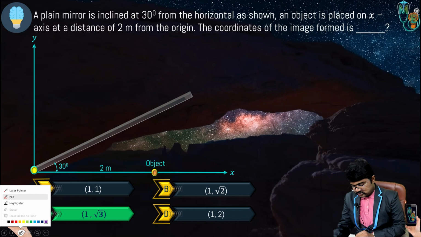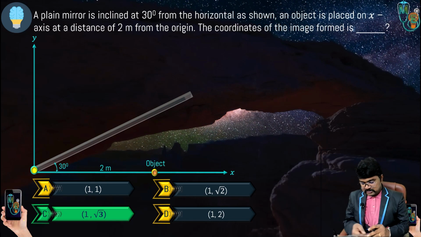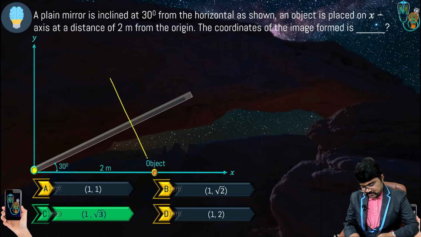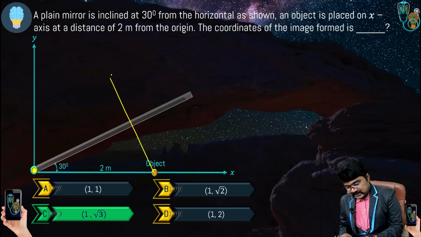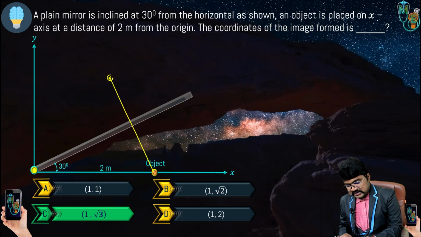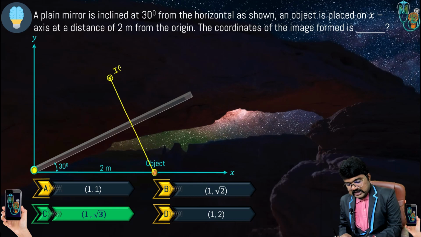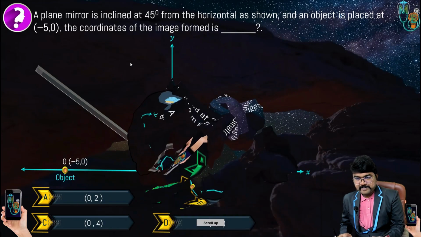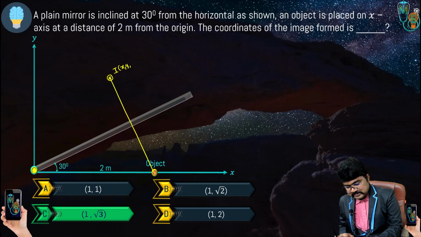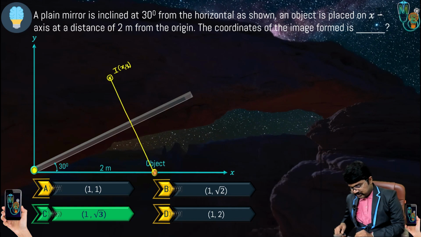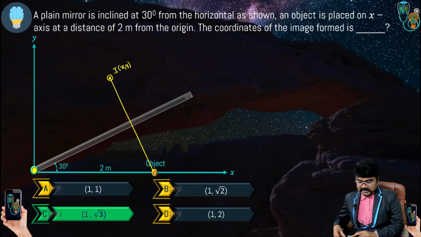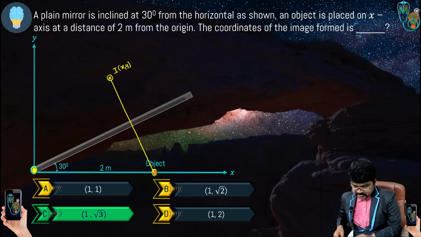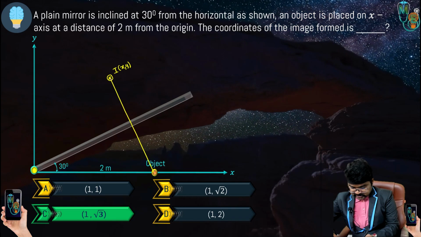See here, so you have drawn a perpendicular. This is the way to draw a perpendicular, and exactly here this would be I(x, y). Then we joined from here to here.